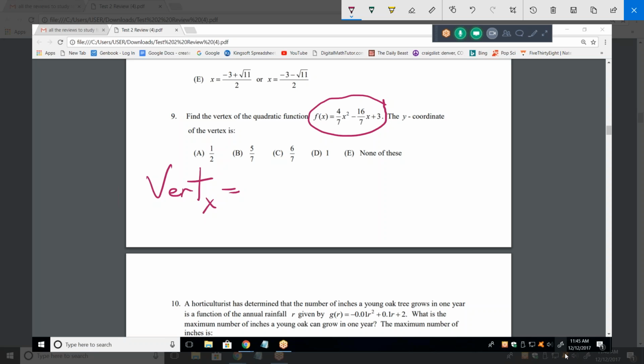We had another problem today where we needed to figure out the x-coordinate of the vertex. What was it? Hint: first part of the quadratic formula. Minus b over 2a.